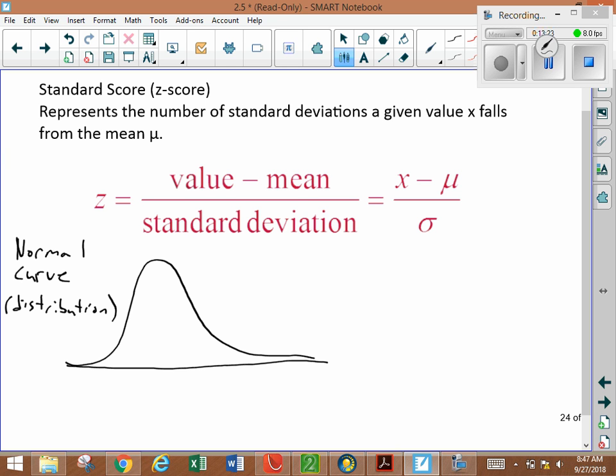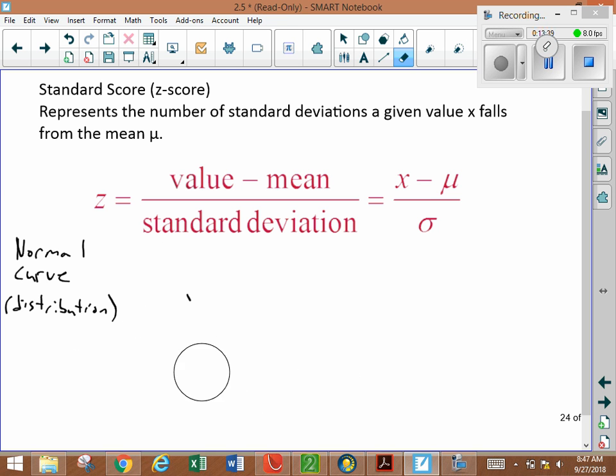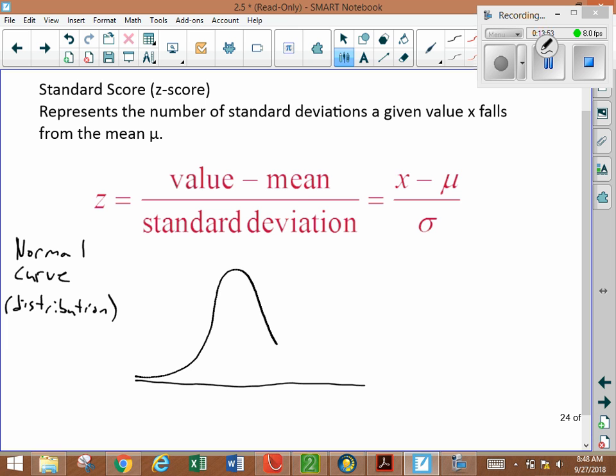Some information about this that I think really helps. This looks skewed, right? I didn't like it because it looked like it was skewed. These things are supposed to be, if I can draw right, perfectly symmetric. That's better. So these are supposed to be symmetric.